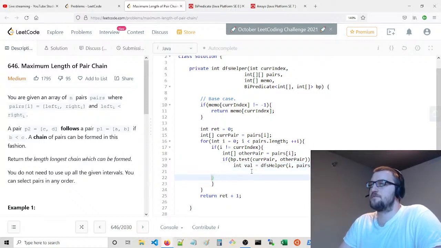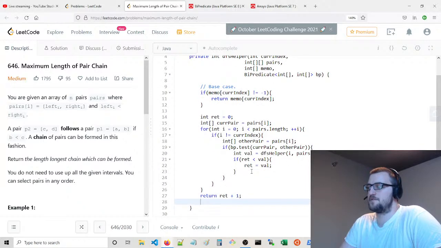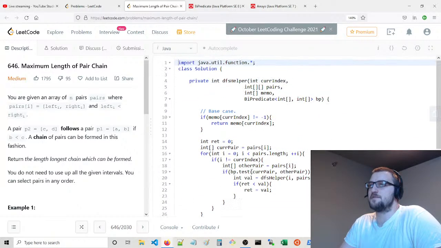And we're going to update ret: if ret is less than value, then update ret equal to value. And then we return ret plus 1. I think it's that simple.